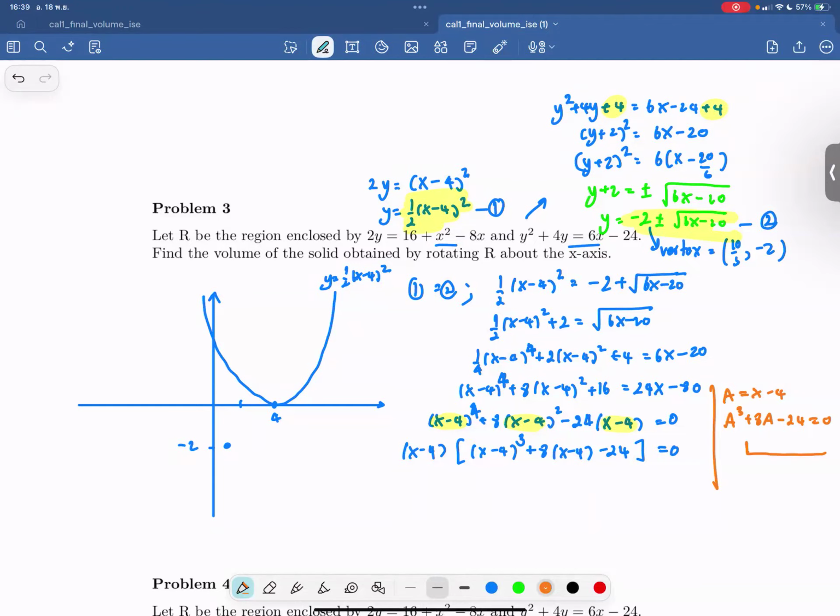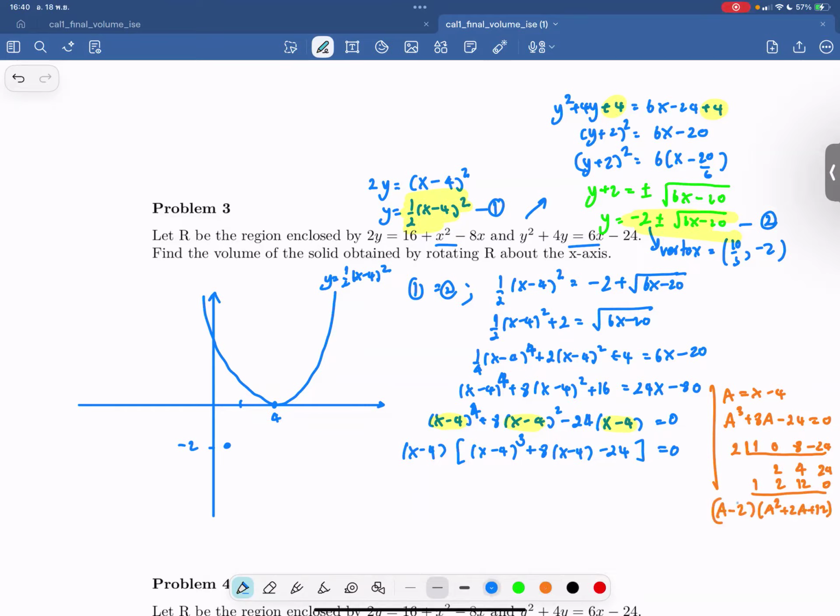So I may divide by 2 and then I bring the coefficients to be here 1, 0, 8, minus 24. So by doing the division, I get 2, 2, 4, 12, 24, and then 0. So the result should be a minus 2 and then a square plus 2a plus 12.